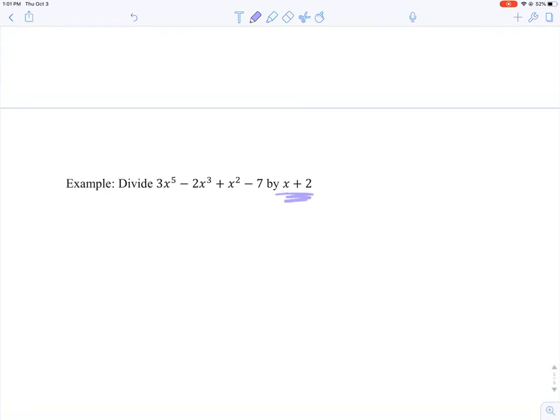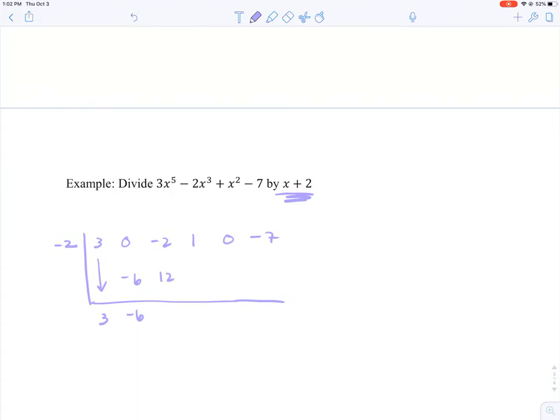So again, we can use synthetic division because of our divisor. I'll put -2 in that top left corner. Put the coefficients. Don't forget zeros for the terms that aren't there. You can think of them as having coefficients of 0. Three times -2 is -6.